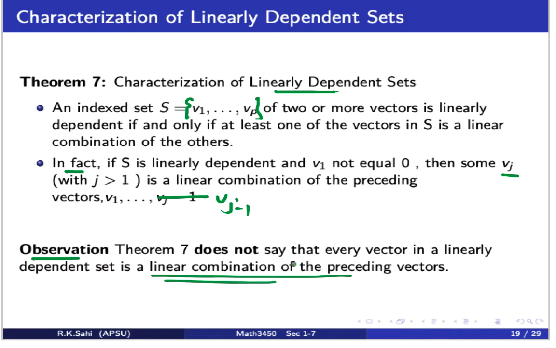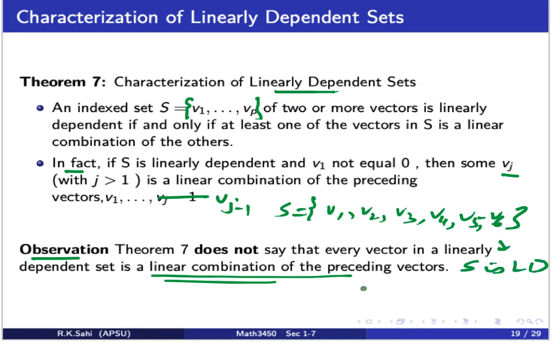Suppose I had vectors, say v1, v2, v3, v4, v5, v6. I had 6 vectors in the set S. And I say my S is linearly dependent because I found that v3 can be written as v6 minus v1. That's it.